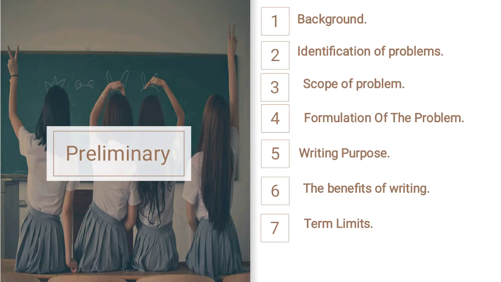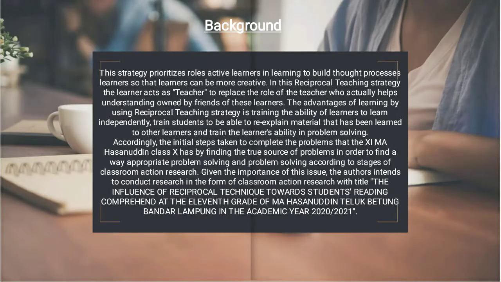The strategy prioritizes the active role of learners in learning, building through the learning process so that learners can be more creative. In this reciprocal teaching strategy, the learner acts as teacher, replacing the role of the teacher, which actually helps understanding by friends of the learners.